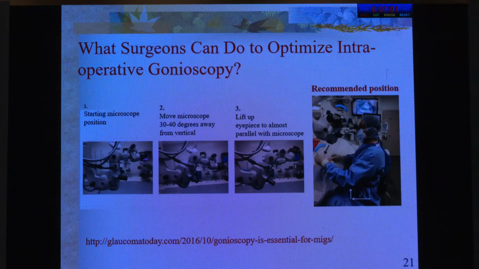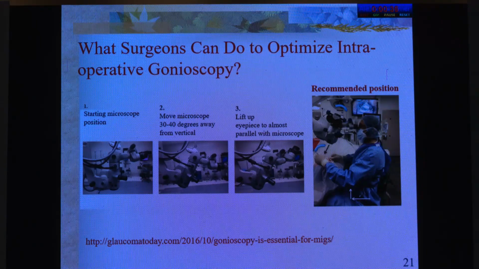On the left side is the starting position of the microscope, which is normally what you use for cataract surgery or any other surgery. You have to move the microscope 30 to 40 degrees away from vertical, and then lift the eyepiece, because otherwise it is not possible to operate. There is a newer microscope, the C-Luma, being branded by Bosch.